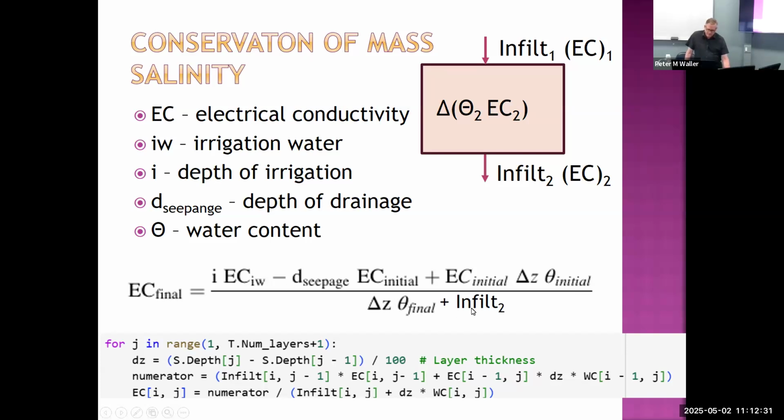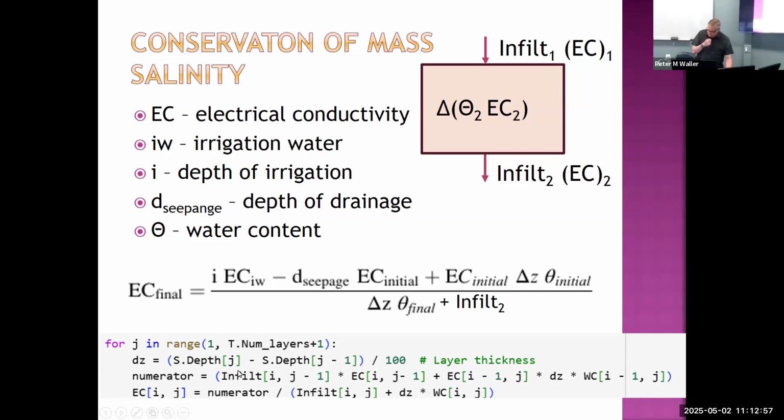I added the infiltration 2, but if you add this, it makes sense because you're mixing this with the amount of water times the depth. And so that's what makes the results agree exactly with that previous calculation. So anyway, this is going to be our equation, both for salinity and nitrogen.